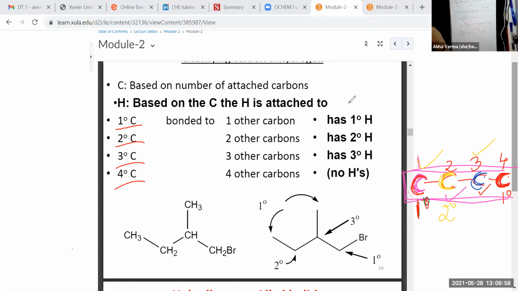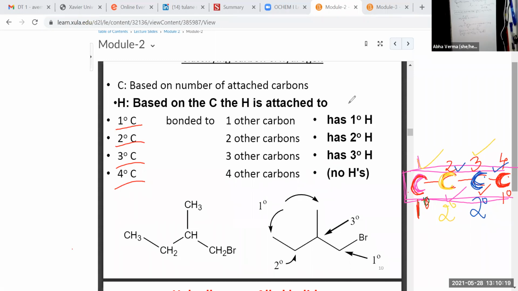Yes. Okay, thank you. And if you look at C3 also, the C3 is also attached to two other carbons. And so we will label this also as a secondary carbon.